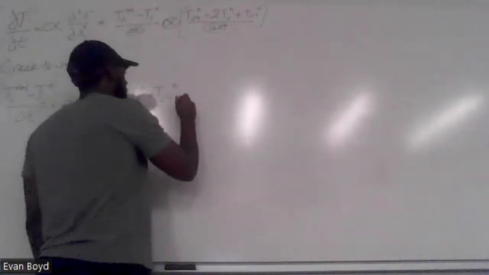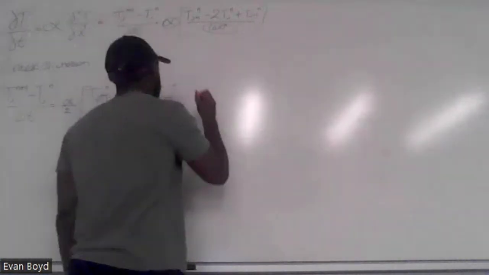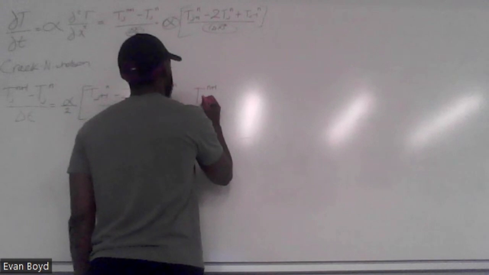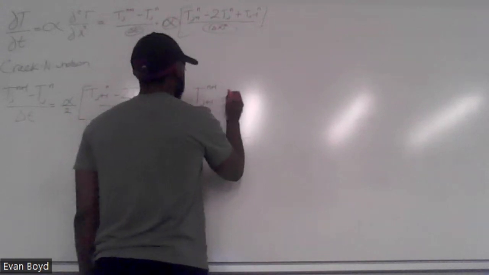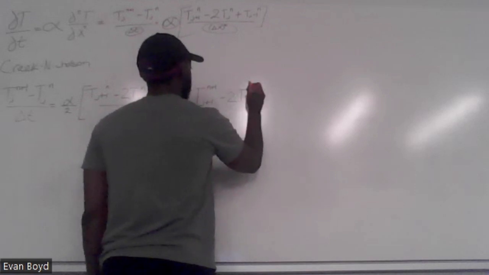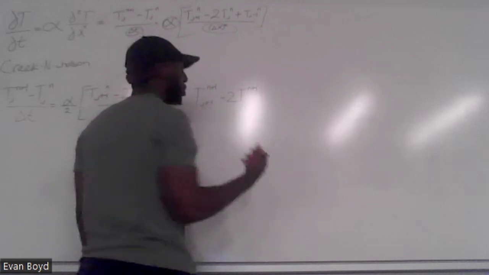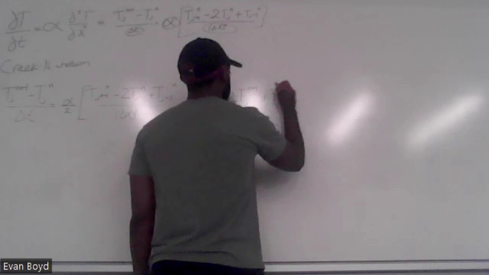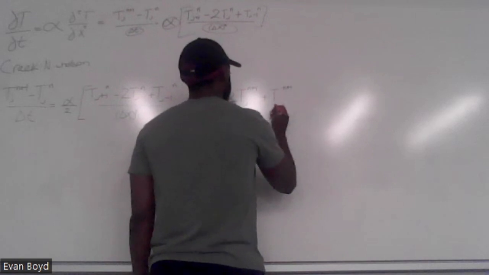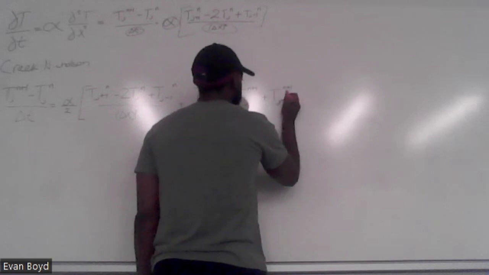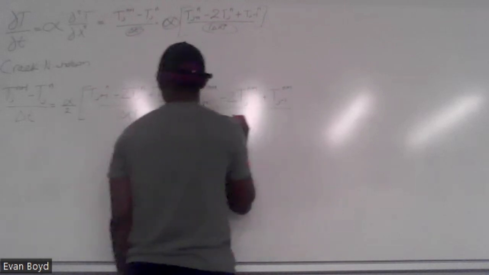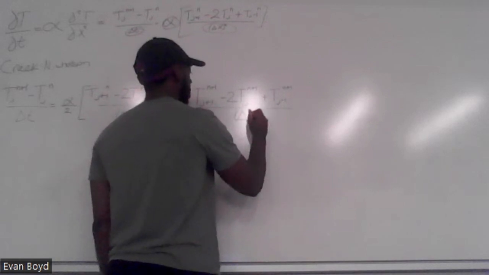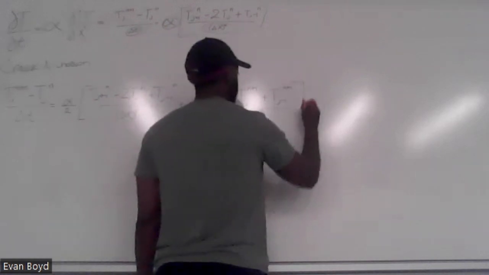So now we'll add plus the temperature at time n+1 at position J+1, minus 2 times the temperature at time n+1 at position J, and then plus the temperature at time n+1 at position J-1, and this would be divided by still the distance in between the blocks, okay?